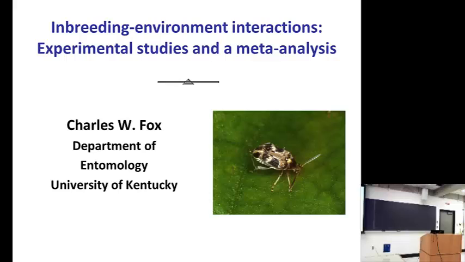He's also edited or co-edited a series of, is it 5 textbooks now, on all kinds of subjects, so evolutionary ecology, behavioral ecology, evolutionary genetics, conservation biology, so all sorts of stuff. And he's also on the board of directors for Dryad, right, the data repository institution. So it's great to have Chuck here to talk to us about inbreeding-environment interactions, experimental studies, and the meta-analysis.